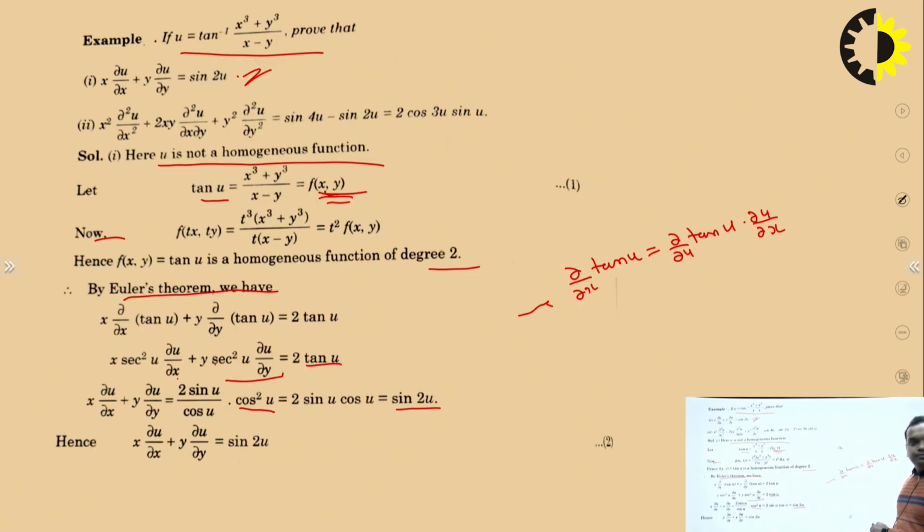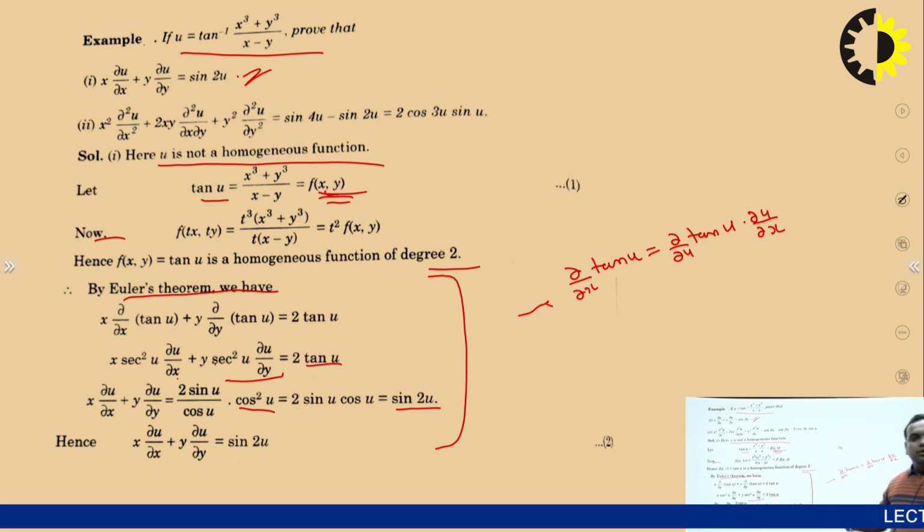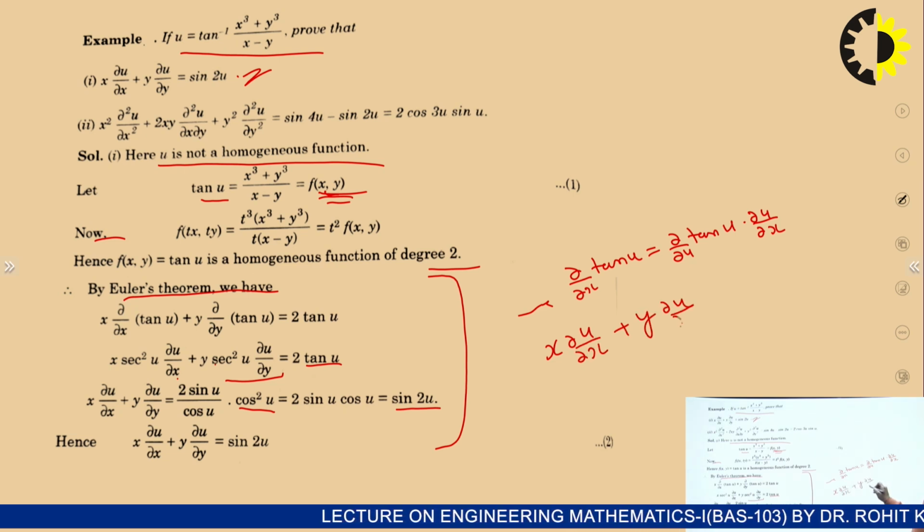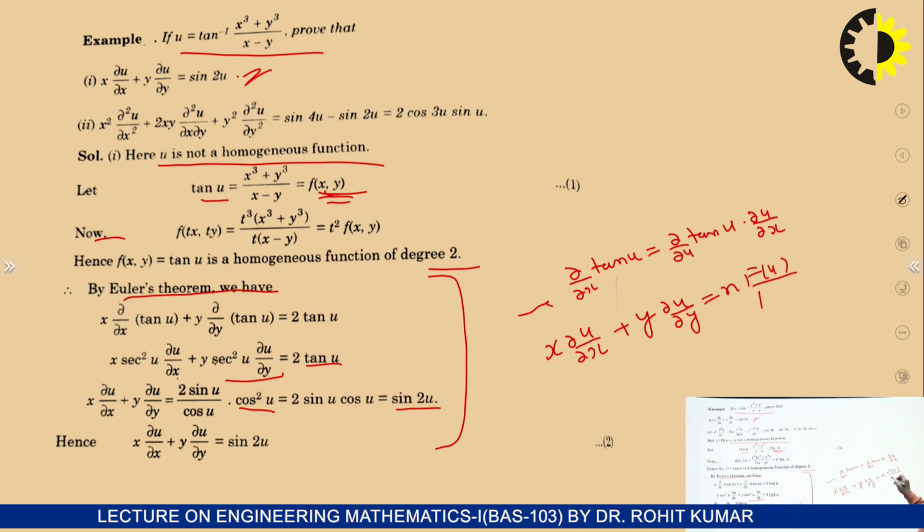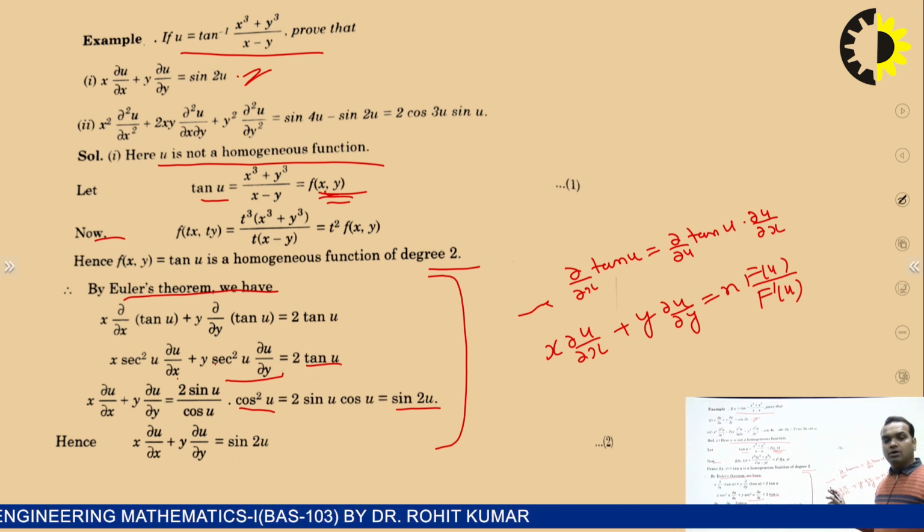So this part can be proved directly by deduction from Euler's theorem. For example, x ∂u/∂x + y ∂u/∂y = n f(u)/f'(u). This is the deduction from Euler's theorem.